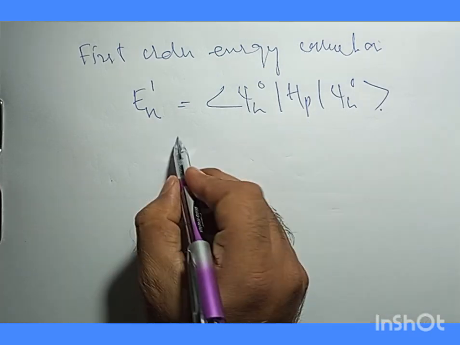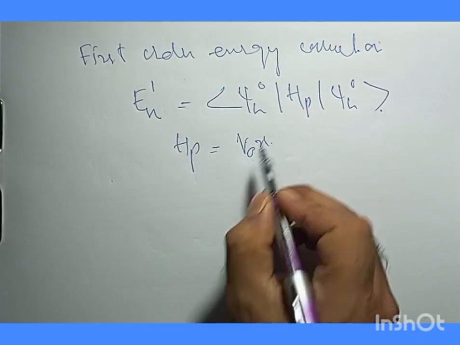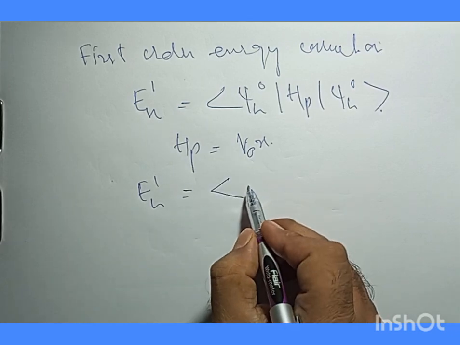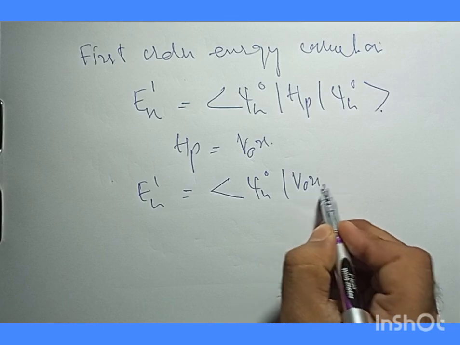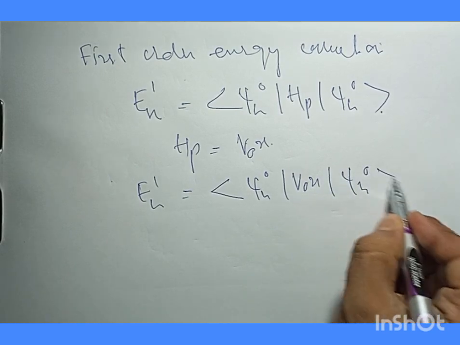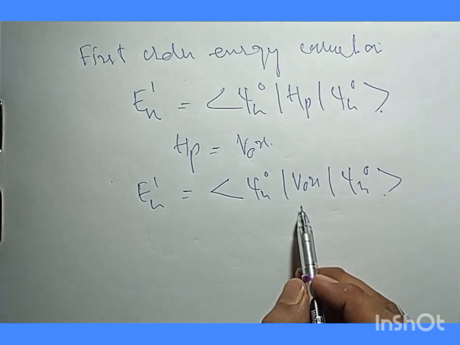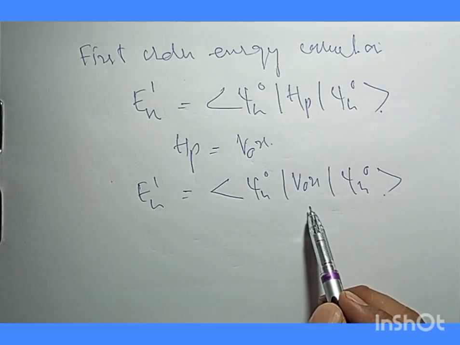Now we have Hp. What's that? That is V naught of x. So En1 will be the matrix element of psi n naught, V naught of x, psi n naught. Now we have incorporated here Hp equal to V naught of x in the context of the given problem.